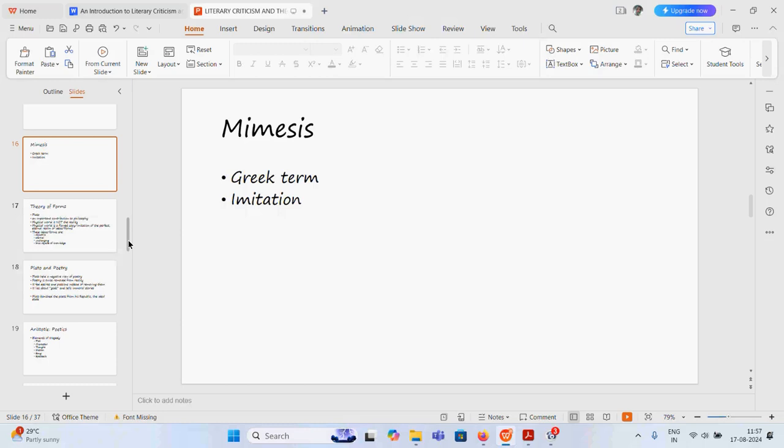So for Plato, this chair that we are sitting on is the second one. There is an eternal idea of the chair, which is the ideal. Based on that, we have the carpenter who has produced the chair. Now, a poet talking about the chair is twice removed from the reality. It is an imitation of an imitation.